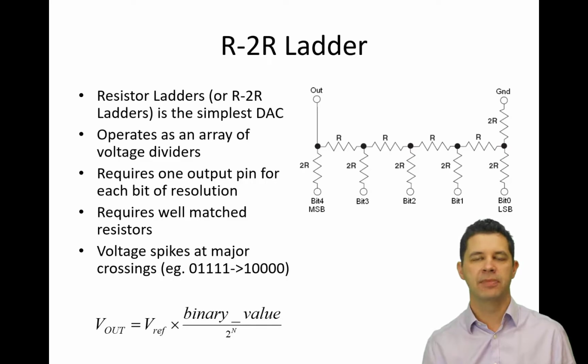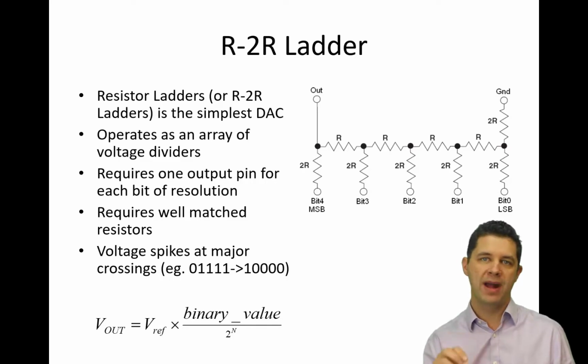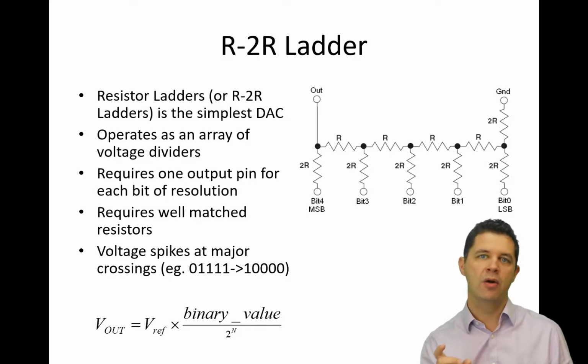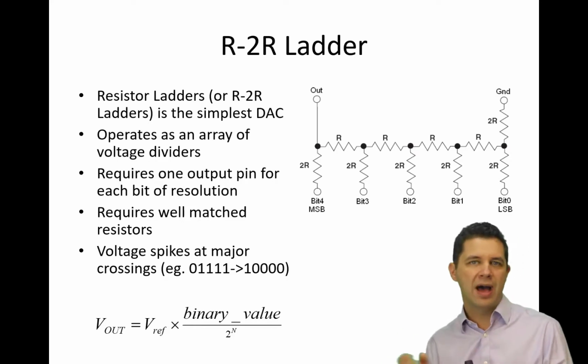I mentioned before we require well-matched resistors to make this work well, and we have some voltage spikes that can occur at some of those major intervals, those major crossings. Think for a moment, going from 0, 1, 1, 1, 1 to 1, 0, 0, 0, 0.